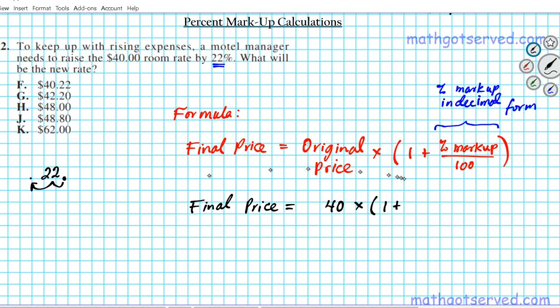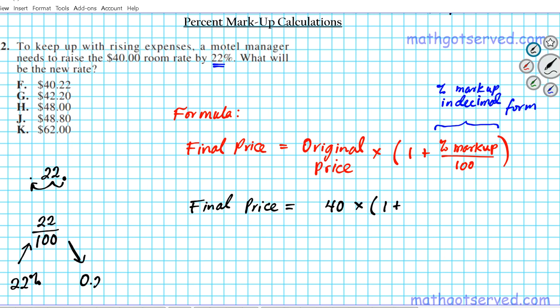Or you can do percent markup divided by 100. If you have 22, 22 divided by 100, okay? Because 22% in fraction form is 22 divided by 100. And then if you convert 22 over 100 into decimal form, guess what?